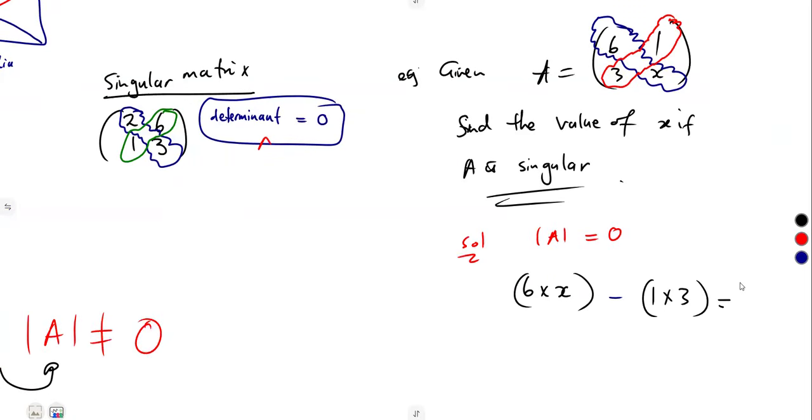I'm supposed to obtain 0 as my answer. So I have formed an equation which I'm supposed to use and solve for X.